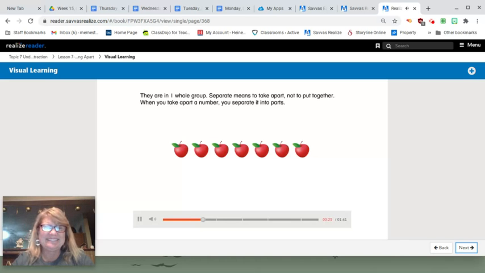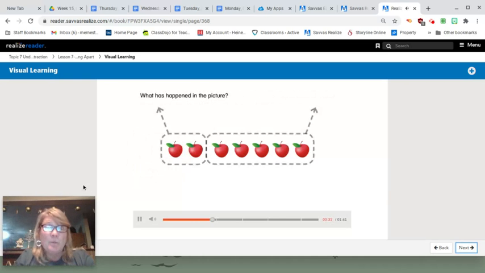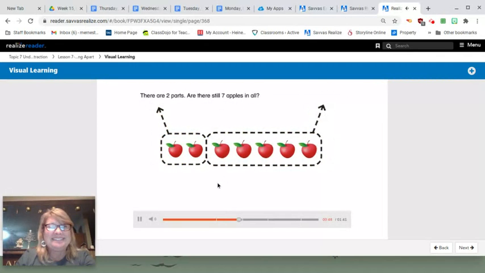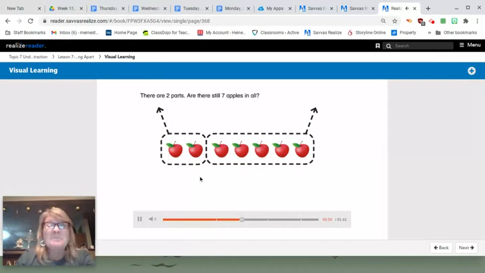When you take apart There a are number, dotted you lines around separate it some of the into apples. parts. The group of apples has been taken apart. How many parts are Separated there? it in the into 2 picture? parts. There are 2 parts. Are there still 7 There apples are in all? dotted lines around some of the apples. The group of apples has been taken Yes, apart. there are still How 7 many apples in parts all. are there? What does the 2 There are 2 represent? parts. There's a part There over are here and 2 over parts. here. The Are there 2 still represents 7 the group apples of in 2 all? apples There's that are still taken 7. apart. We can see all What 7 does the of them.